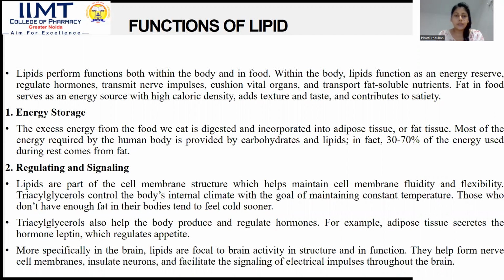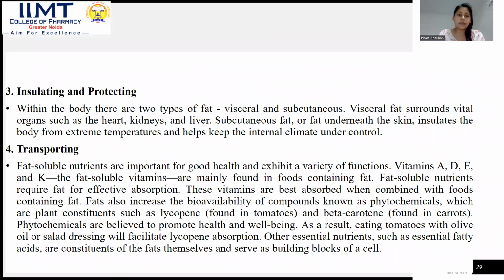It also helps the body produce and regulate hormones. For example, adipose tissue secretes the hormone leptin, which regulates appetite. More specifically, in the brain, lipids are central to brain activity and structure, and in function, they help form nerve cell membranes, insulate neurons, facilitate the signaling of electrical impulses, and so on.